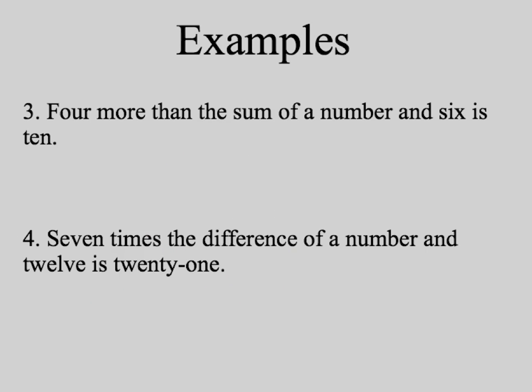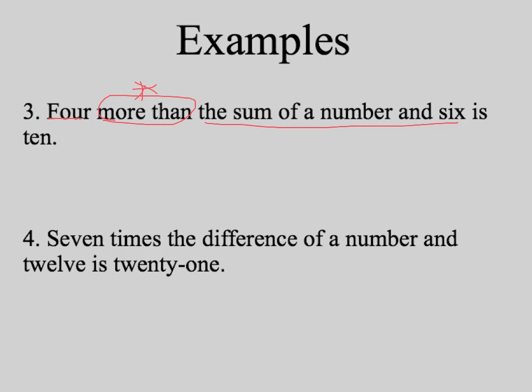Let's continue with example 3. 4 more than the sum of a number and 6 is 10. So we have 4 more than. Remember, this is one of those starred words. And then it says the sum of a number and 6. So we have the sum of a number and 6, because more than is one of our starred words.